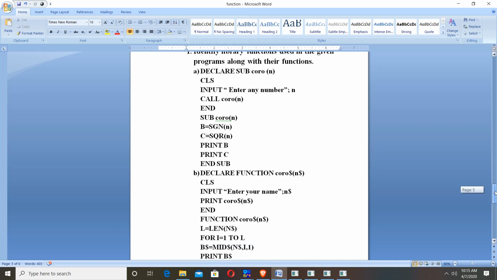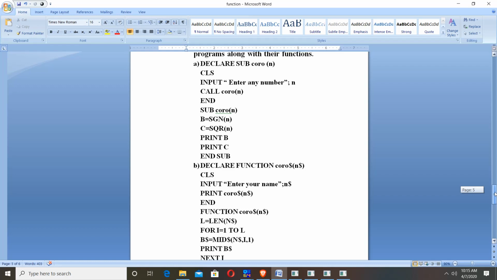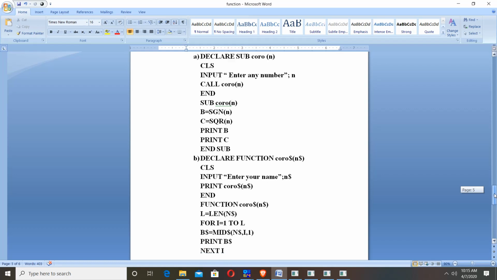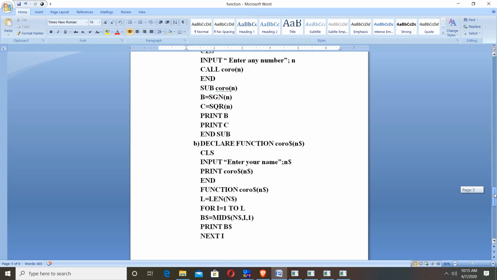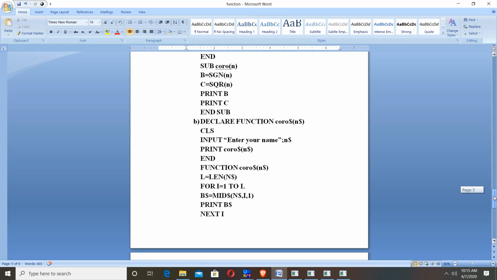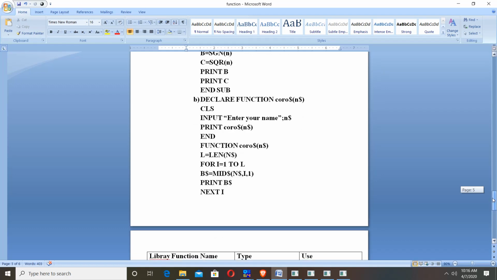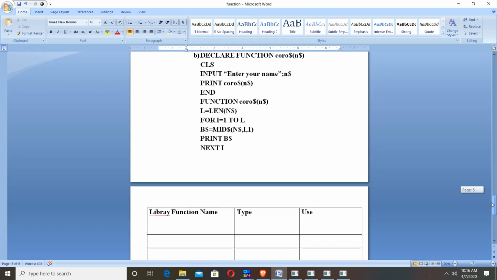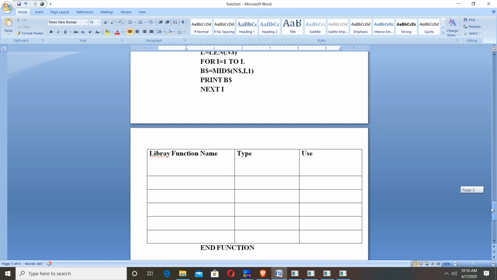Whatever library functions are used over here in these programs, that we have to find. After that, we have to write their function as well. Similarly, two different programs, so you have to find what? Library function name. After that, you have to find what? Their type and their use.